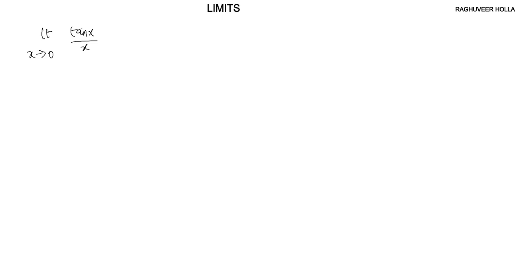Limit as x tends to 0, tan x/x. I will write this as limit x tends to 0 of sin x/cos x, keeping x in the denominator, and 1/cos x here.